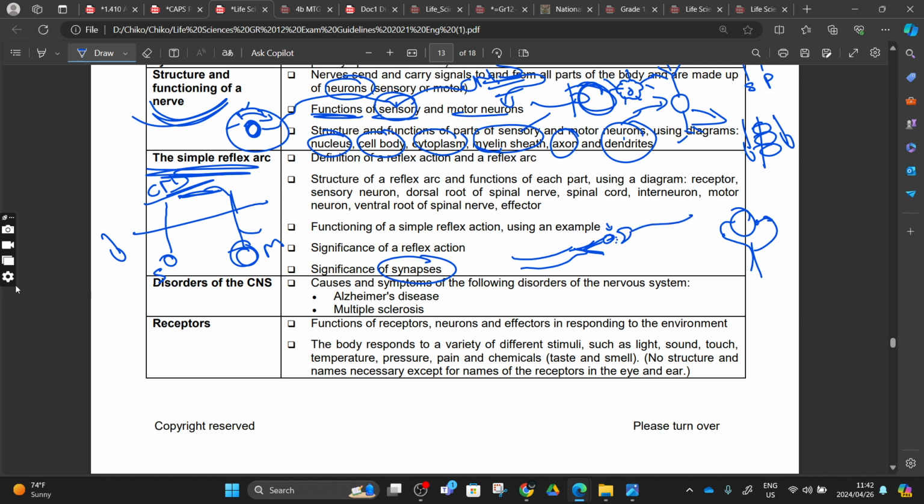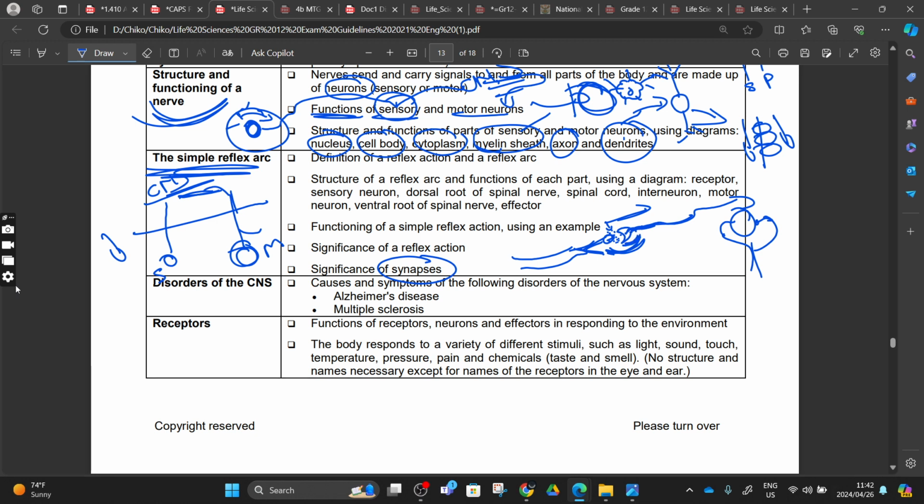Inside there, they release neurotransmitters, and the dendrites are going to pick up these neurotransmitters, which are going to cause an impulse to be sent to another neuron there. The significance of this is that it allows one direction of impulse, and it also prevents the overstimulating of our dendrites. You'll agree with me, right?